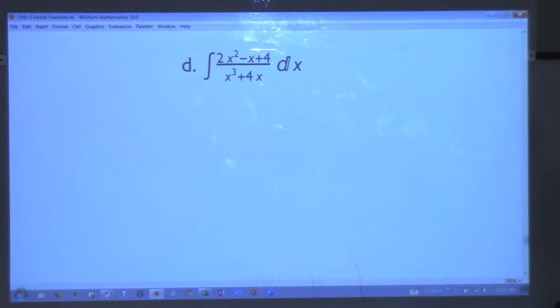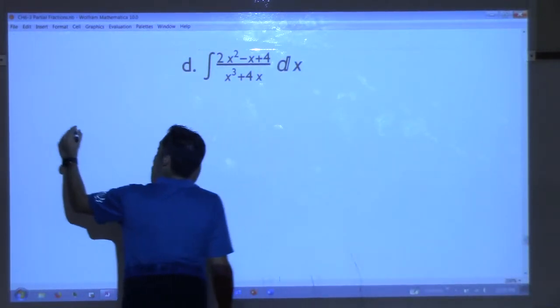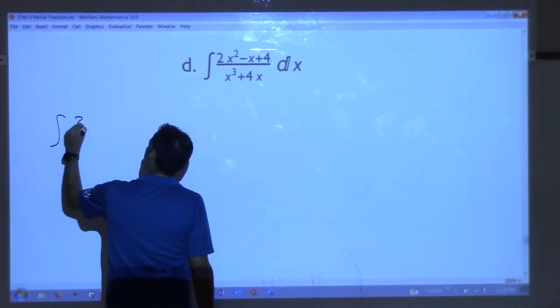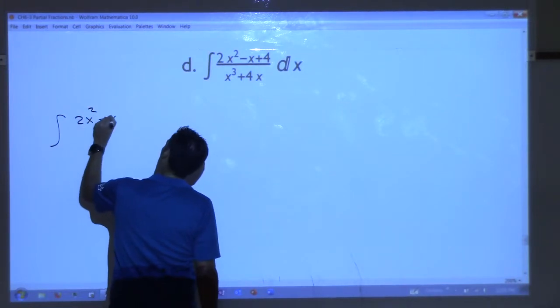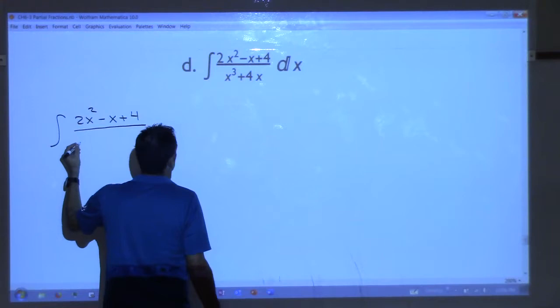All right, what are we doing here? Back to the bottom, right? We don't need long division. When we factor that denominator, 2x squared minus x plus 4 over, all we can do is factor an x out.